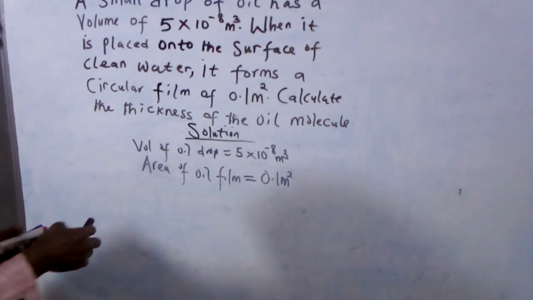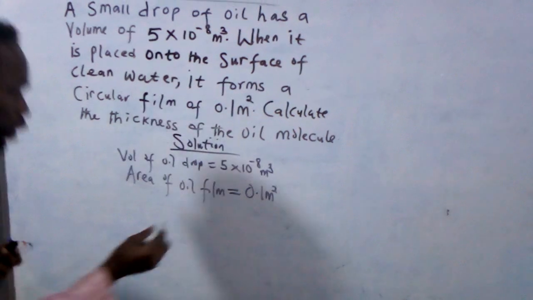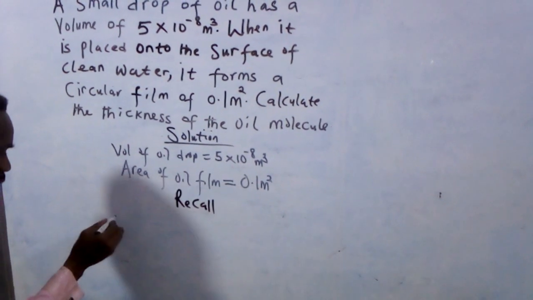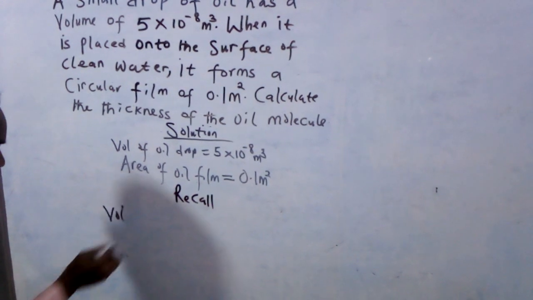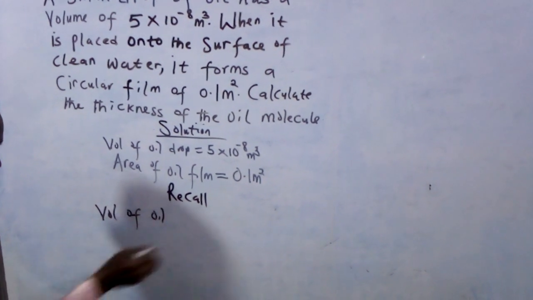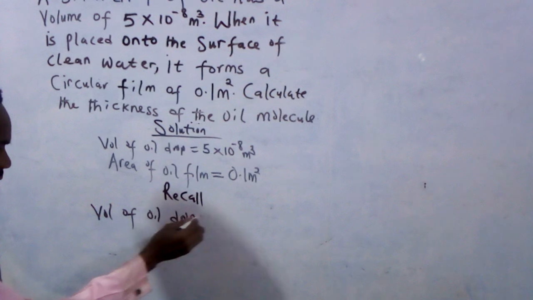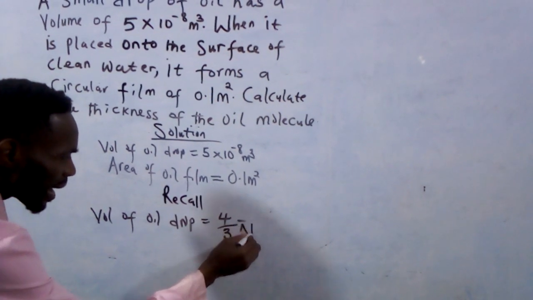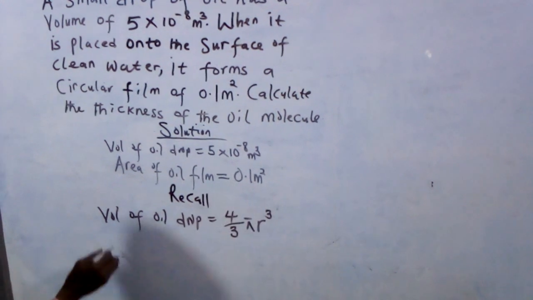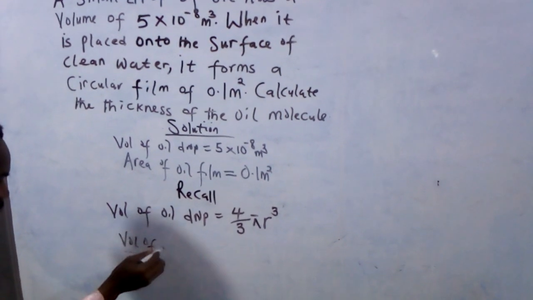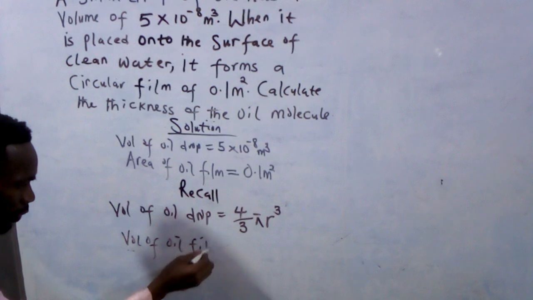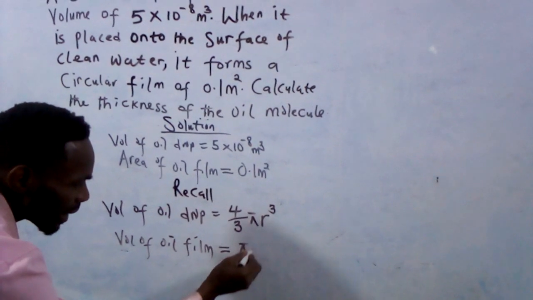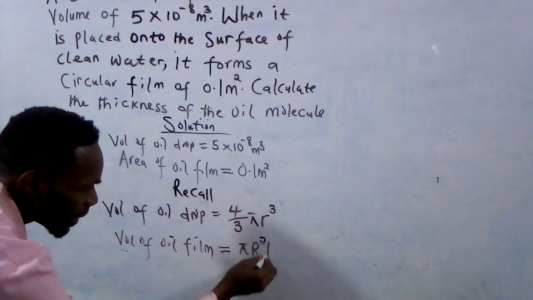So, how do we go about solving for the thickness? I would like us to recall that the volume of the oil drop is given as 4 over 3 pi r cube, while the volume of the oil film is given to us as pi r squared h.